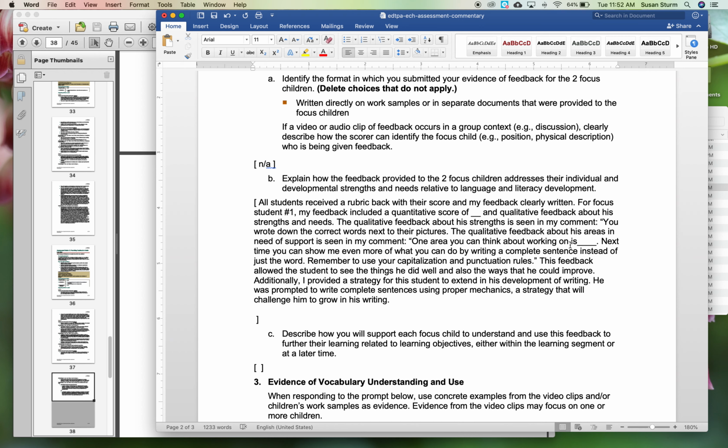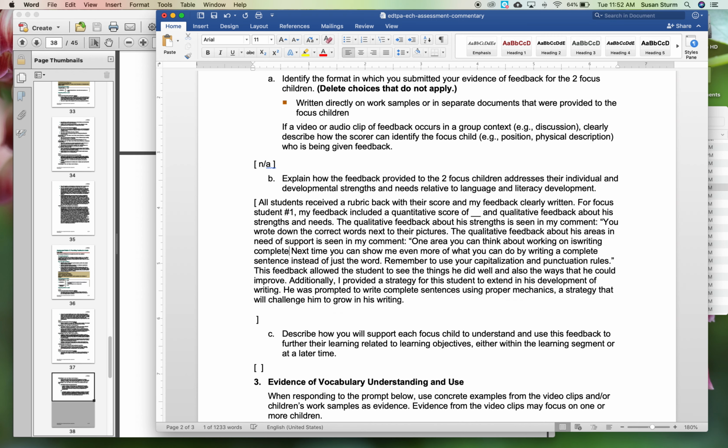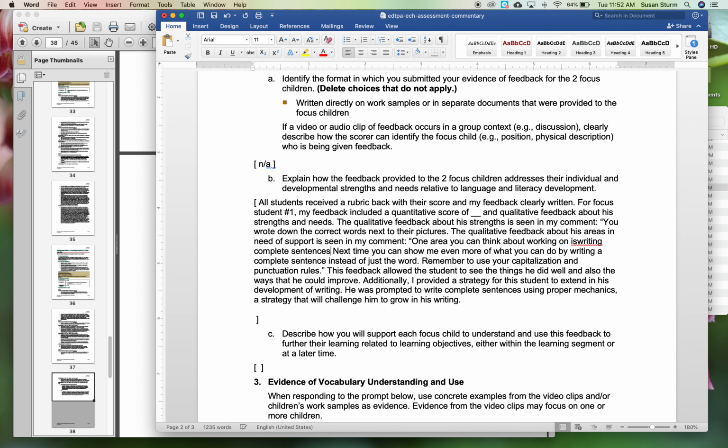So one area you can think about working on is writing complete sentences. And again, this needs to match up with the rubric that you've created. So you've created a rubric, it's got complete sentences. He didn't really do that. Next time you can show me even more by writing a complete sentence instead of just a word.